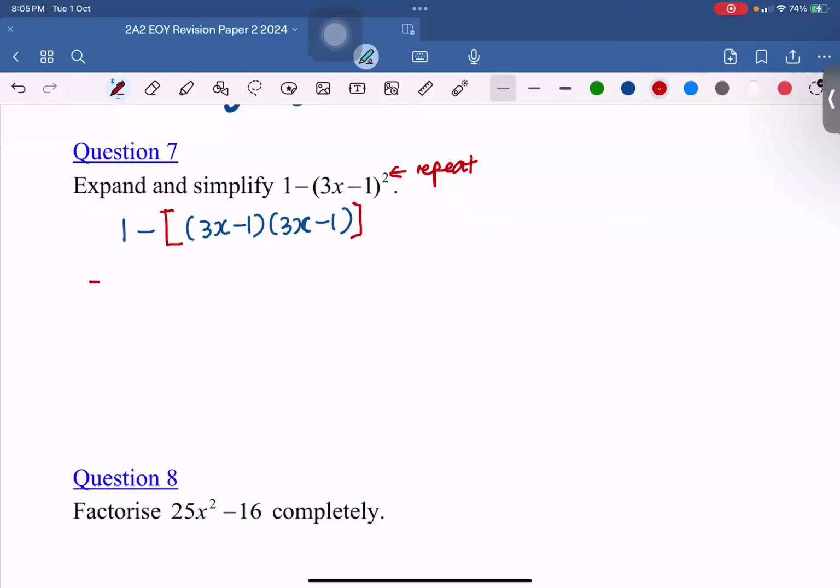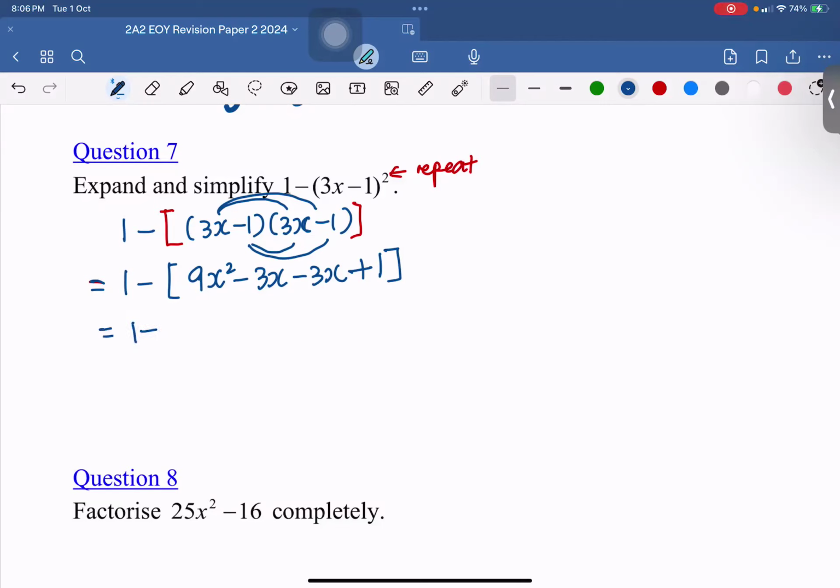Okay, then I get 1 minus bracket. So this one over here we expand. So this will be 9x squared minus 3x plus 1.